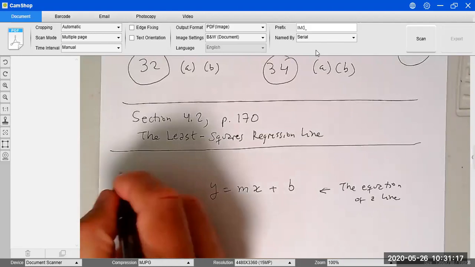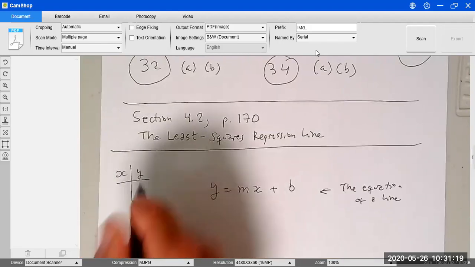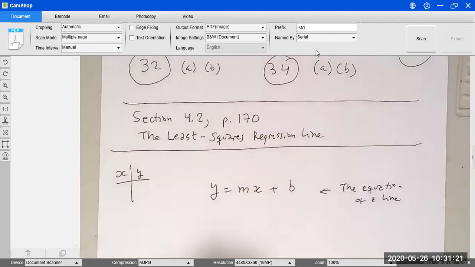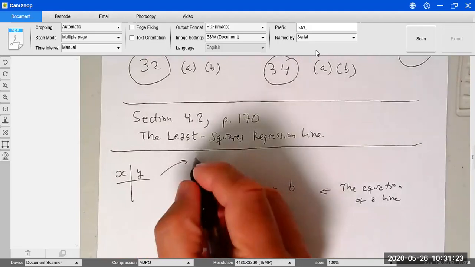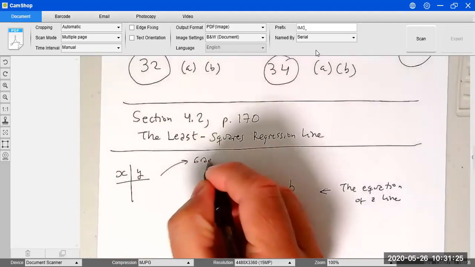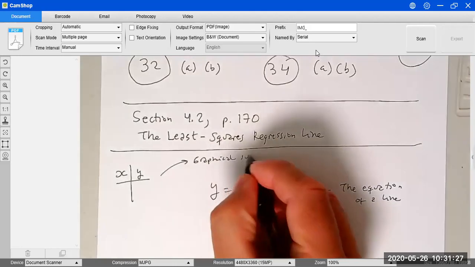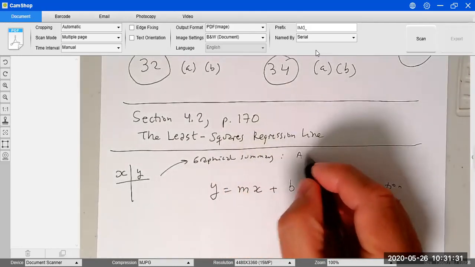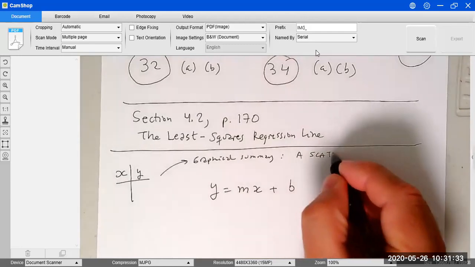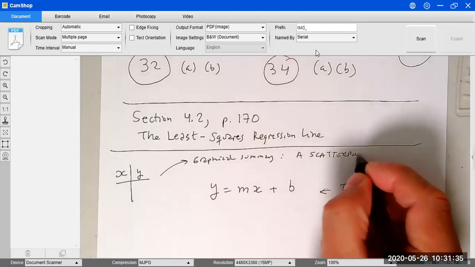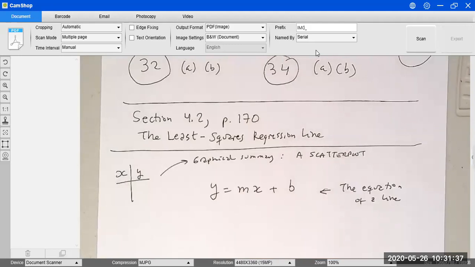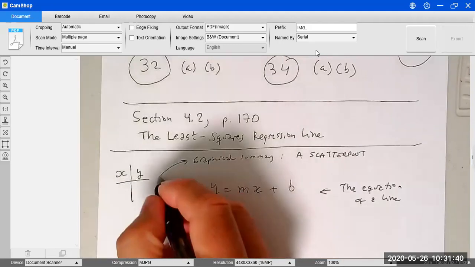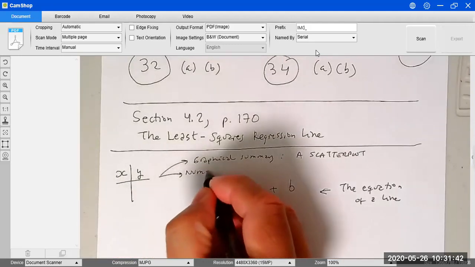So we have a data set with values of x and y. So we get a graphical summary, which is just a scatter plot. So we did that on the last section, and then we get a numerical summary.